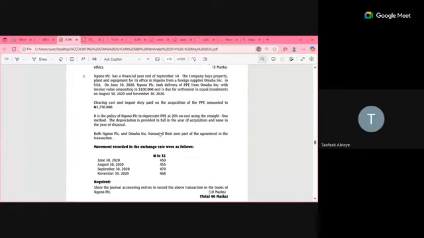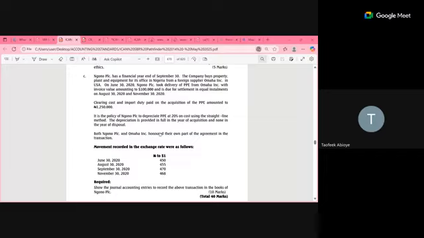On 30 June, Ngono took delivery of PPE from Omar Incorporation with an invoice amount of $100,000, and it is due for settlement in equal installments on August 30, 2020 and November 30, 2020.